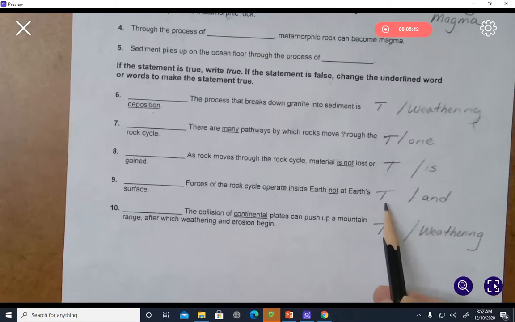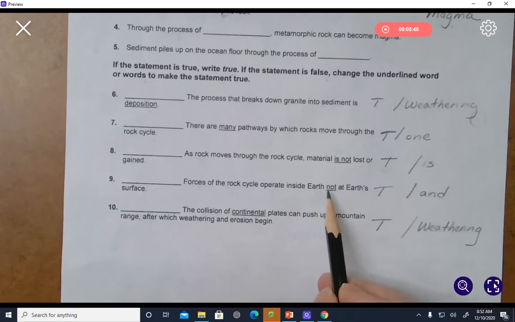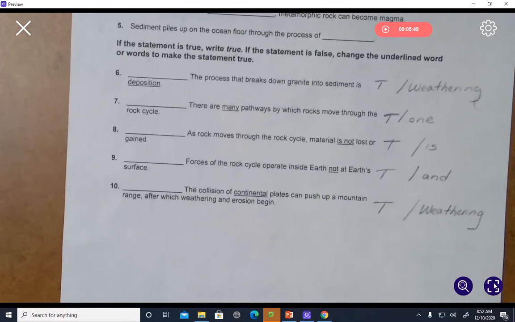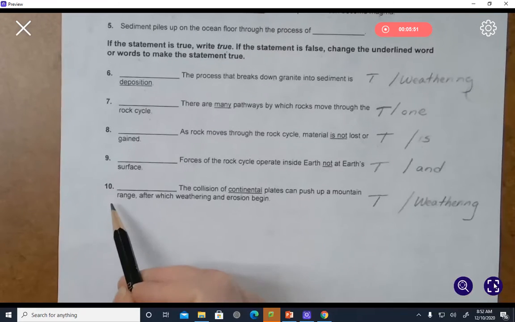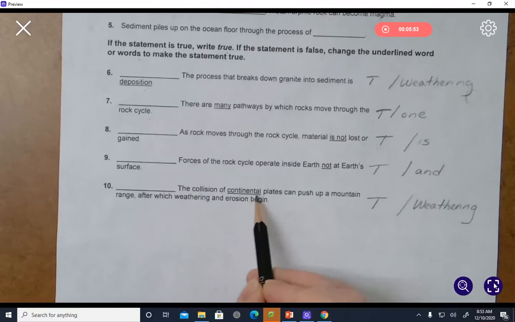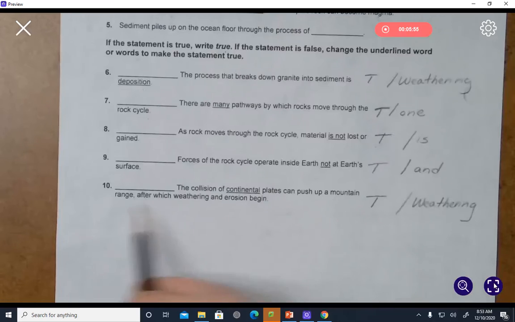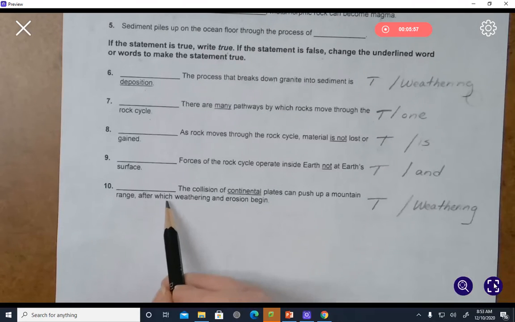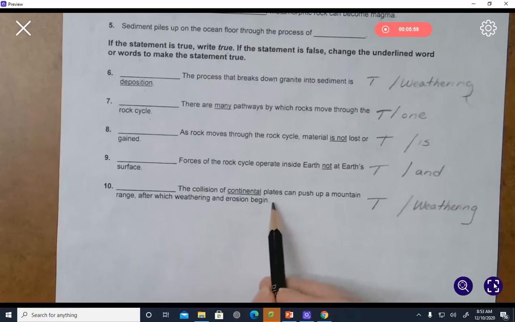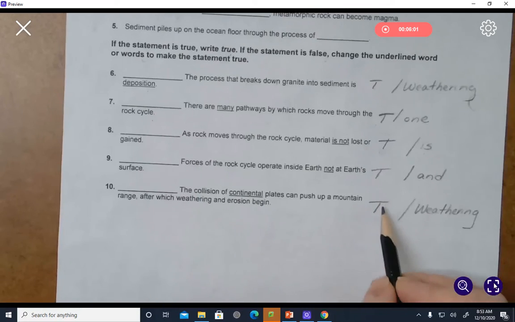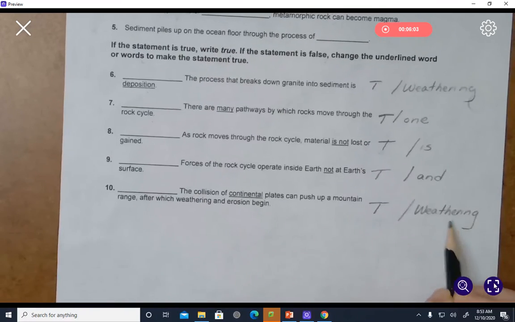This statement is either true or they operate inside the Earth and at Earth's surface. And number 10, the collision of continental plates can push up a mountain range, after which weathering and erosion begin. So it's either true or weathering plates.